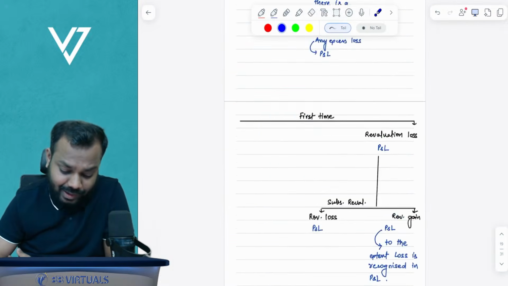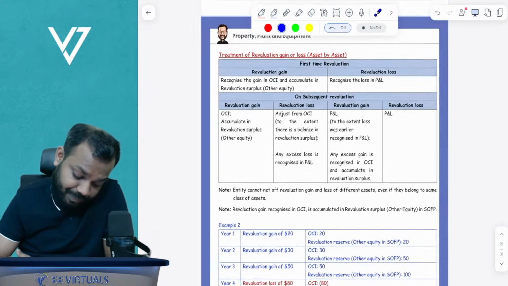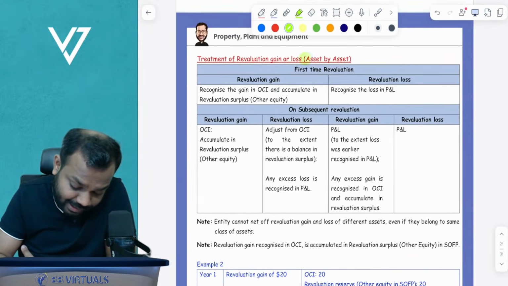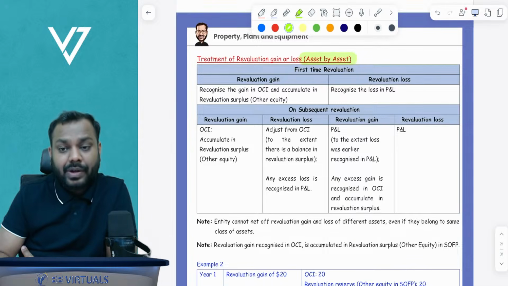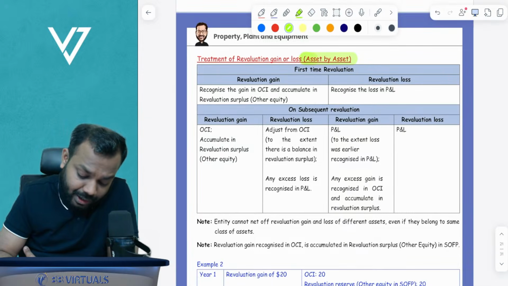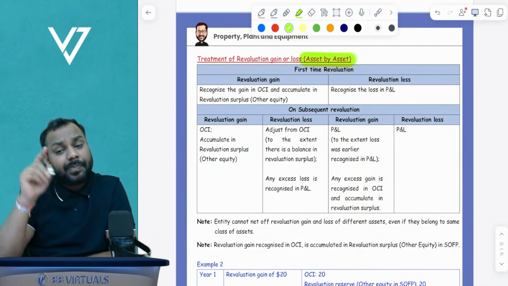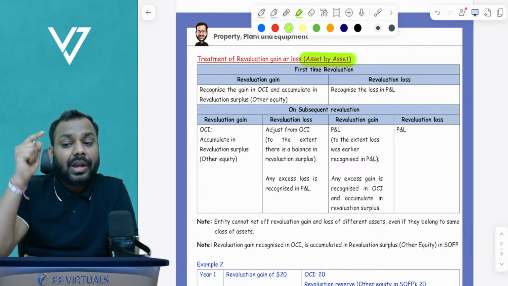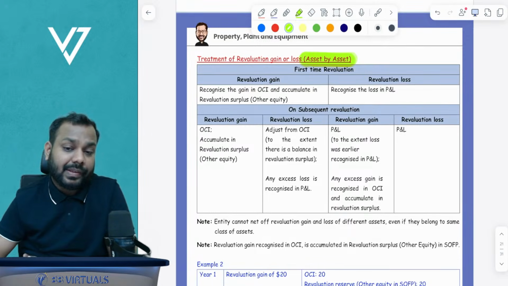See, for that reason, I have written something here. Read this part. The treatment of a revaluation gain or loss is to be done asset by asset. It's asset specific. The revaluation reserve is asset specific, guys.